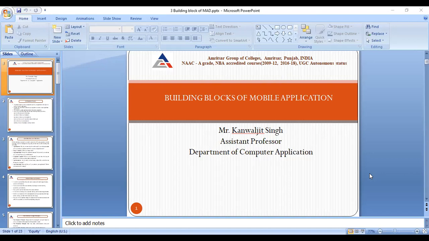So few are the blocks that we will discuss today, that how these blocks will help to design or develop the mobile application. So basically the building blocks are the components used by the application developer to build a mobile application, and it is to compete the individual application in the market with the rivals that are already existing in the market.